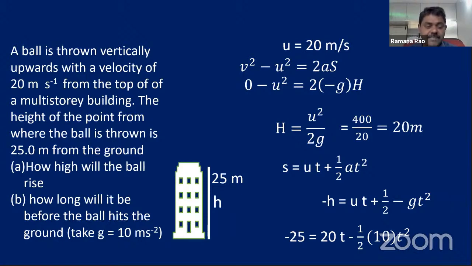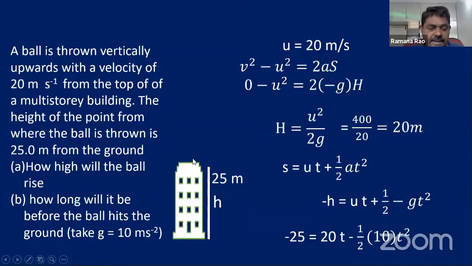Now you want to find the time it will take to reach the ground from the top of the tower. Use s is equal to ut plus half at square. s is minus h. Dear students, this is very, very important. Why is s equal to minus h? Because we are throwing the body from the top of the building and the body is reaching the ground.